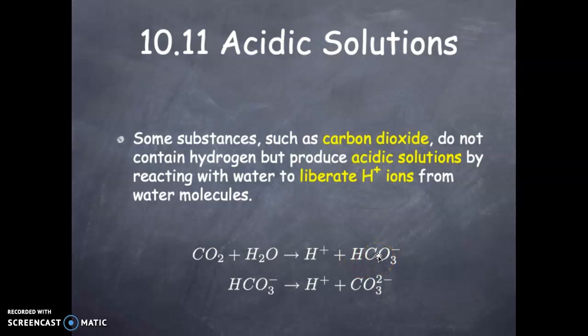Further, the bicarbonate ion goes through another chemical reaction and yields more of the hydrogen ion and this CO3 2 negative ion. The mere fact that you have these hydrogen ions that bond with another water molecule means you're going to get an acid solution.